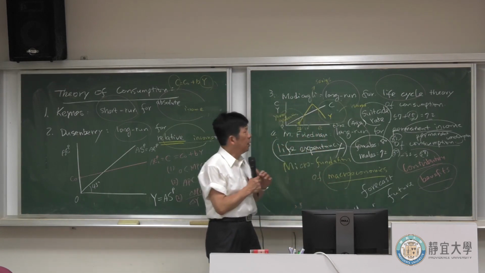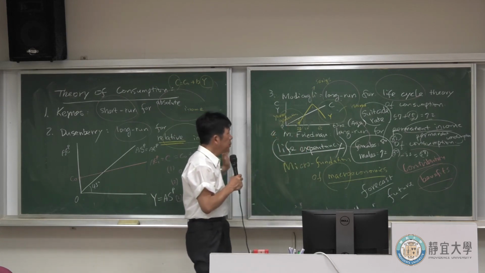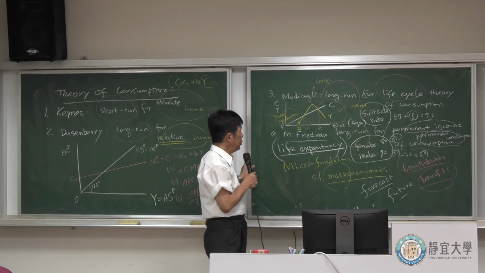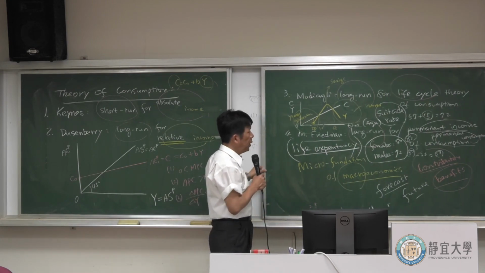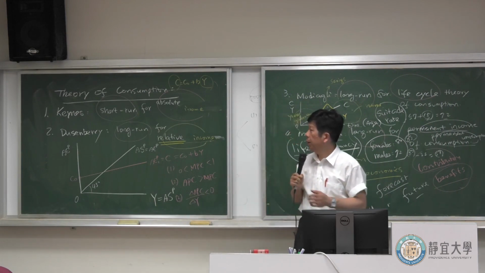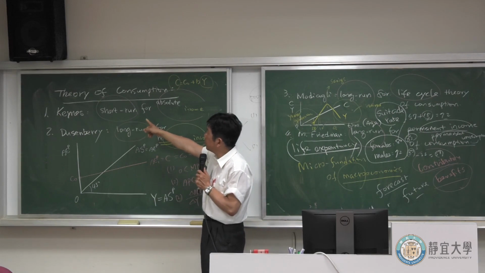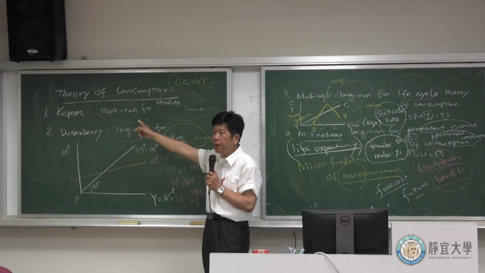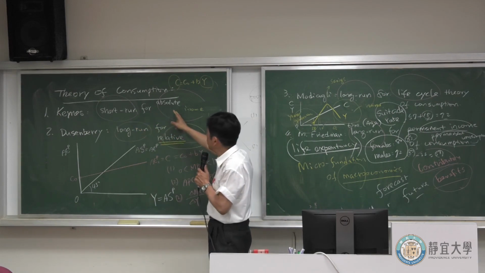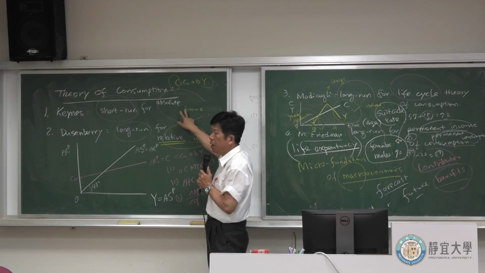So can you understand? This chapter tries to talk about consumption behavior. Especially for Keynes, when he talks about the consumption function, consumption depends on income. This income we call absolute income.